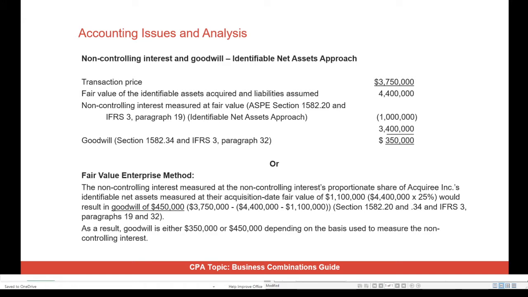It's very hard to do it on a day 3. But anyway, for those of you who watch my other webinars, I always say financial reporting on a day 2 requires very thorough analysis. The difference here is about 100,000, and that's what you want to make sure you include in the discussion to choose either the identifiable net assets approach or the fair value enterprise method. Okay.